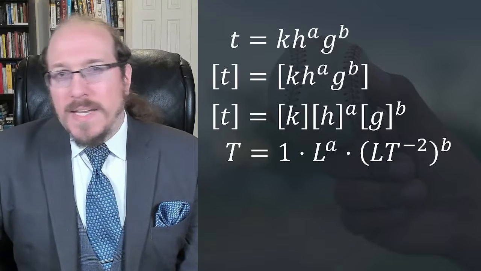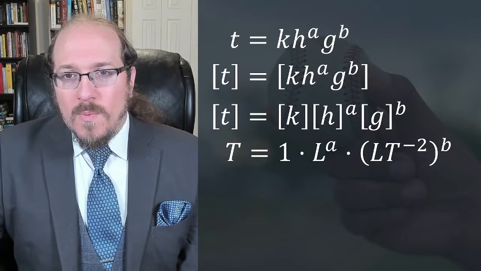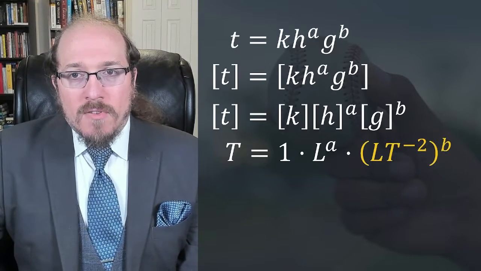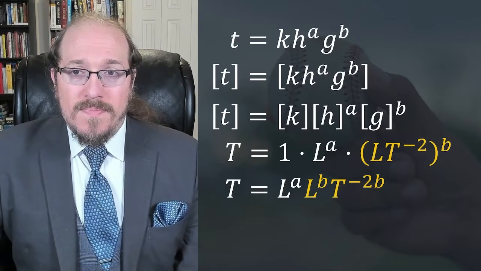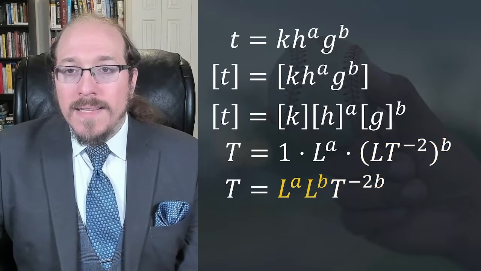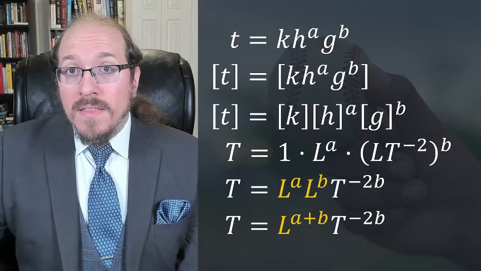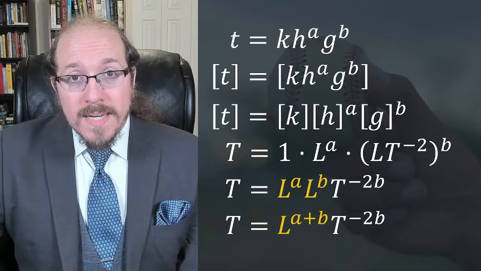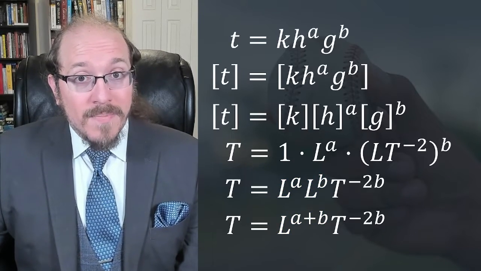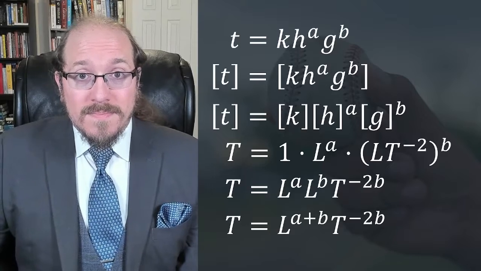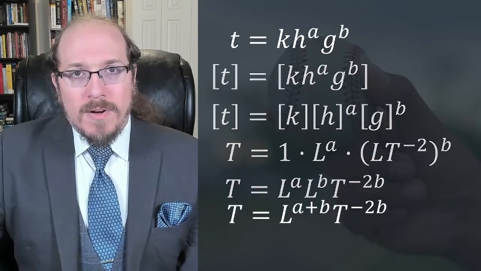Let's clean this up a bit using what we know about exponents. We can distribute the b over to the LT to the negative 2 by multiplying the exponents. And then we can combine the two powers of L by adding those exponents. So what we end up with is the L's and the T's neatly collected together on each side of the equation.